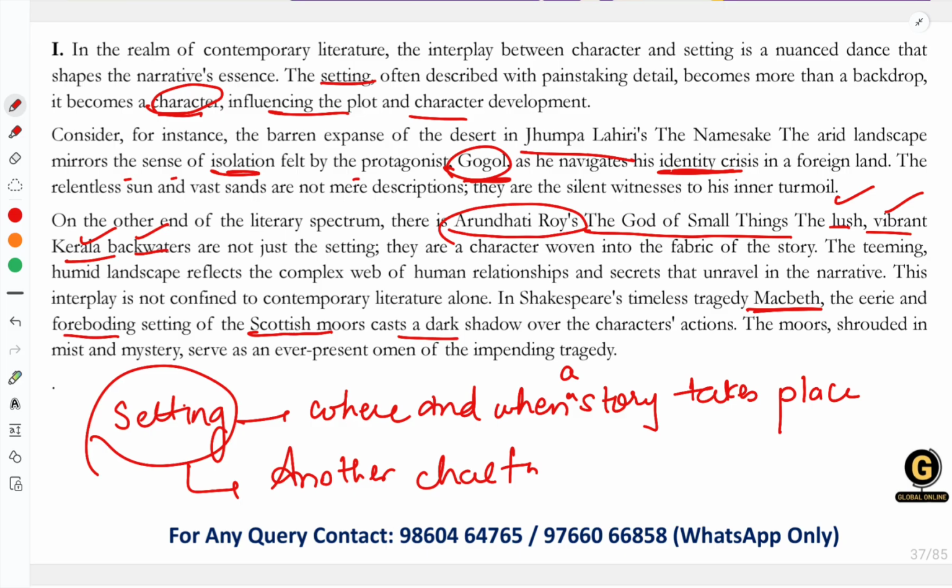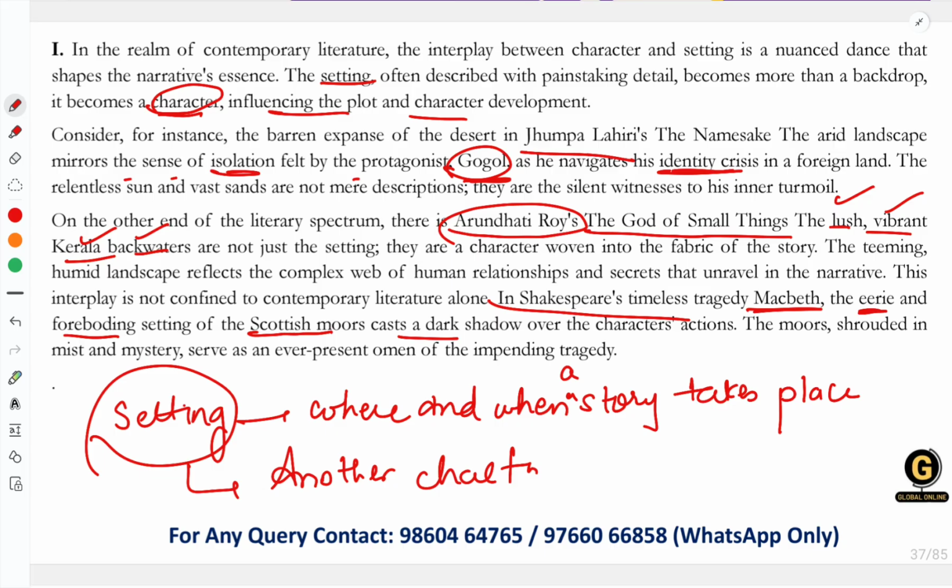And eerie means a strange, very strange and frightening feeling. This matches the tragedy that is coming in the story, Shakespeare's timeless tragedy Macbeth. The words eerie, foreboding setting and moors create a dark atmosphere. It creates a tragedy story, a dark setting creating a mood like that.